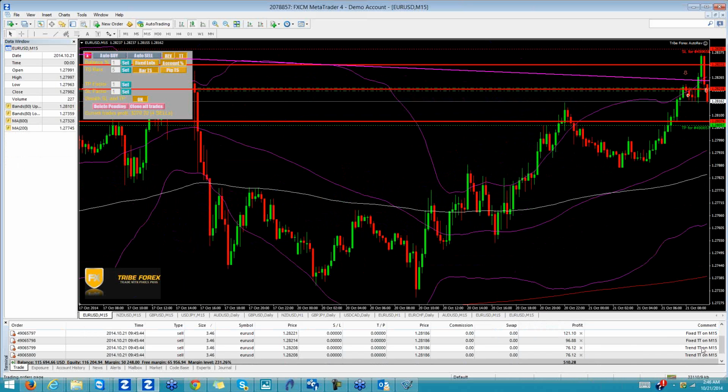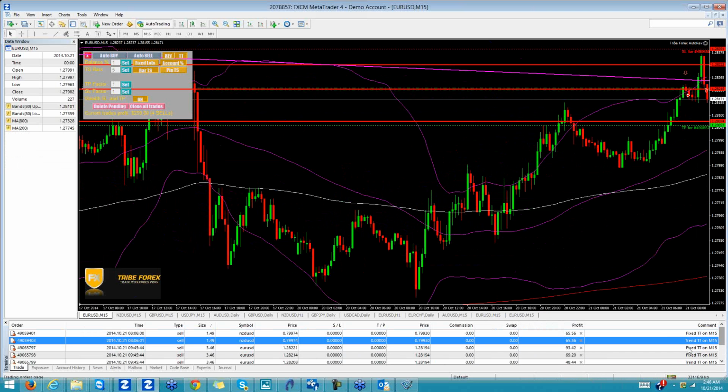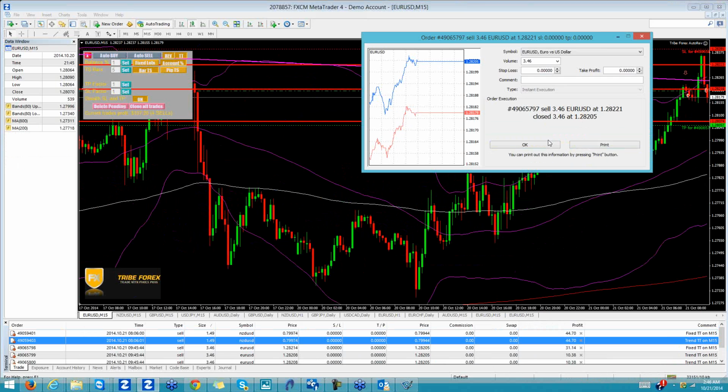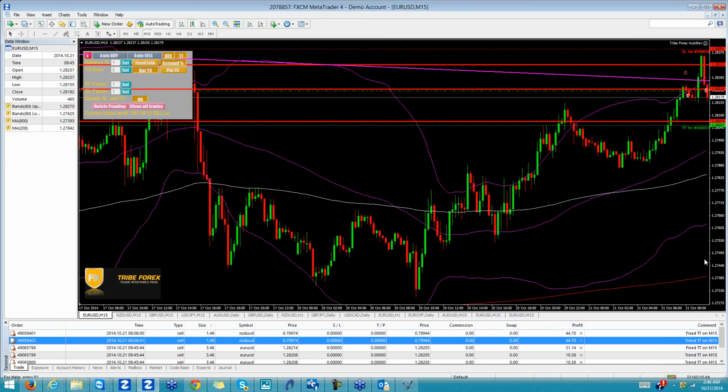So you want to protect, protection first, safety first, guys. So I'm going to actually get out of one of these euro dollar trades, even though we're up in profit. Get out of, looks like, this one. It's a trend fixed position. Get out of that one. That way I have less risk on the trade. I don't want to be in a lot of risk.